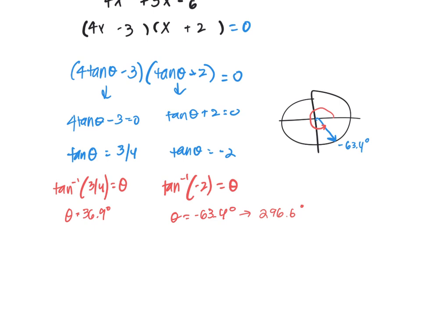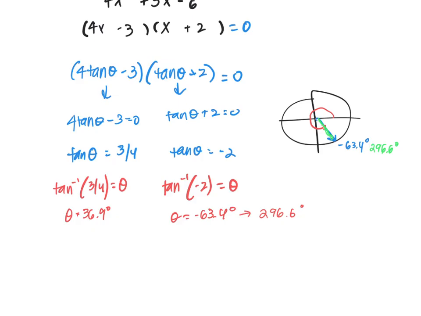But when we're dealing with unit circle answers, sometimes there's an answer in two different places on the unit circle. So I'm also going to write this as 296.6 degrees.